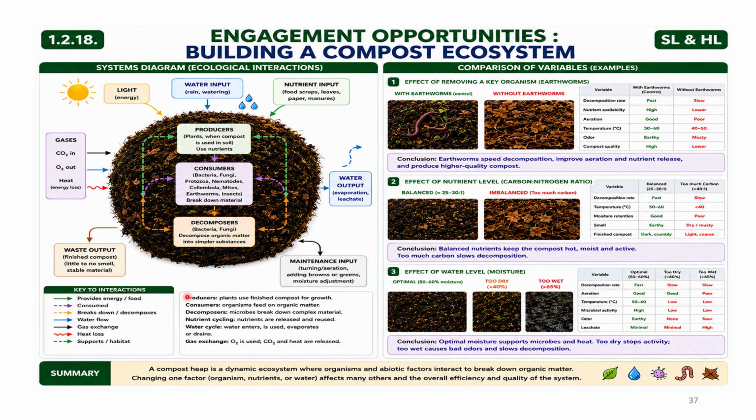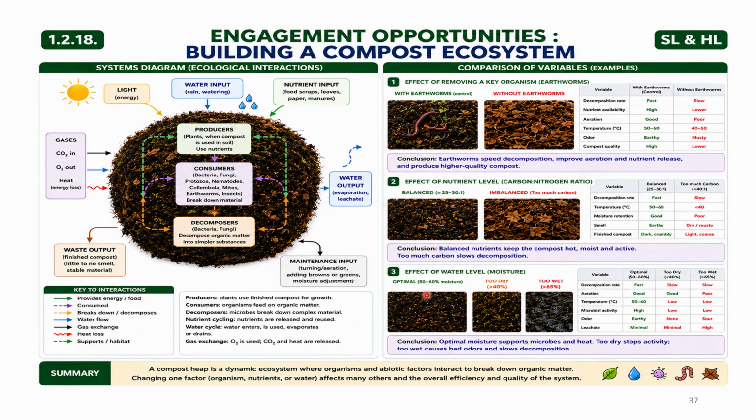This activity also demonstrates how changing one variable affects the entire system. For example, removing earthworms slows decomposition, reduces aeration, and produces lower quality compost. Maintaining a balanced carbon to nitrogen ratio of about 25:31 keeps decomposition rapid, whereas excess carbon slows microbial activity.